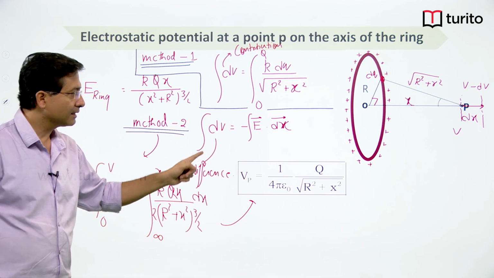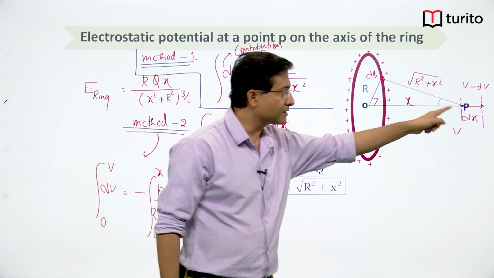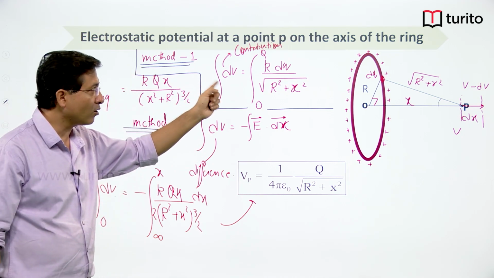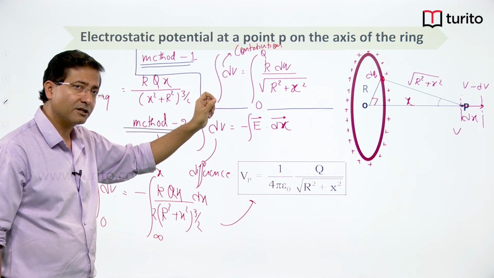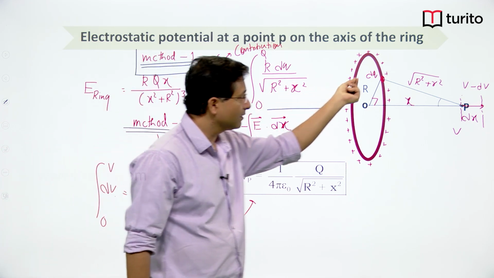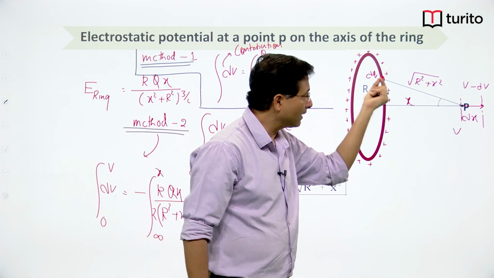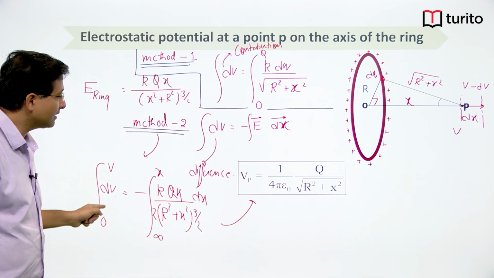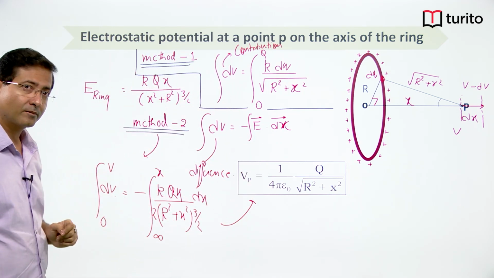Method 2 is saying that it is the difference between 2 points. Method 1 is saying it is a small contribution, that is why we are writing dV, a small contribution in potential by this element at this particular point. In this one already this limit is inculcated.